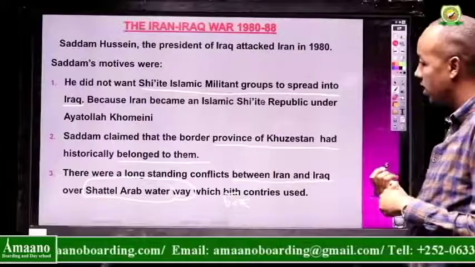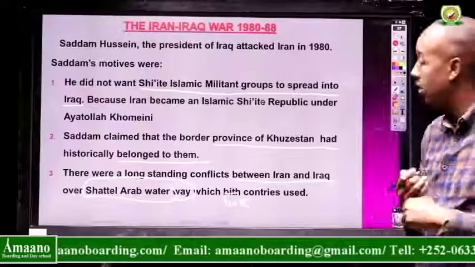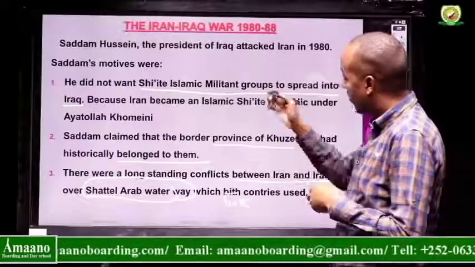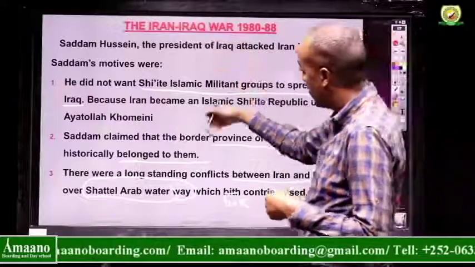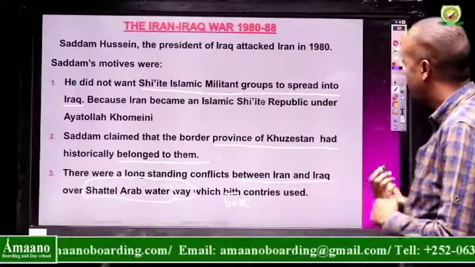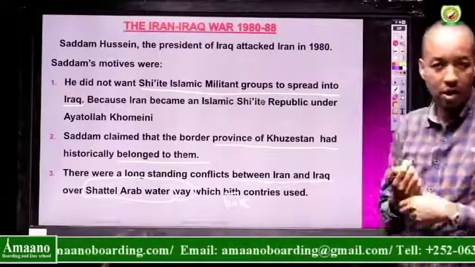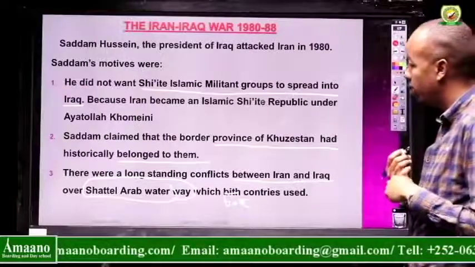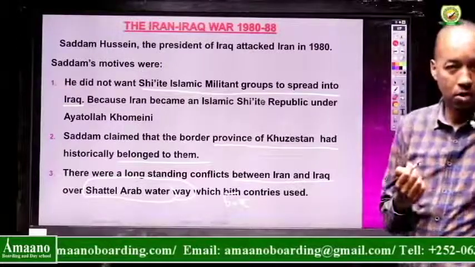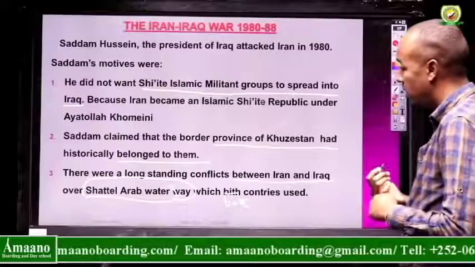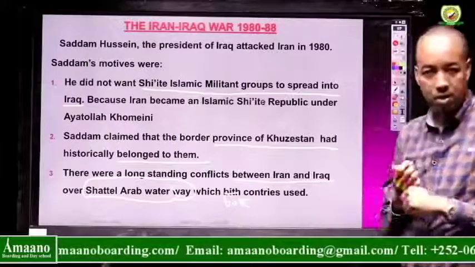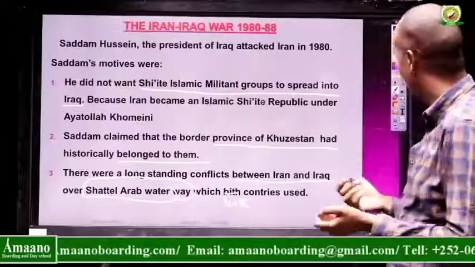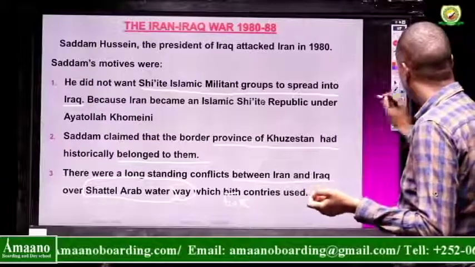Saddam Hussein claimed it was for his country. So the first reason why Saddam Hussein attacked Iran in 1980 was to prevent the Islamic militants from spreading into his country. He also claimed that the border province of Khuzestan was theirs, and he wanted to get the Shatt al-Arab waterway too.